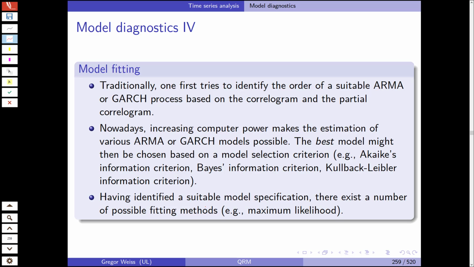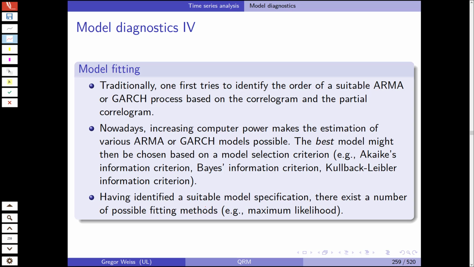And you can also fit various ARMA, various GARCH models, and then you have to choose the best model. This might then be chosen based on model selection criteria. For example, you have AIC, the Akaike information criterion, the Bayesian information criterion, BIC, and the Kullback-Leibler information criterion.